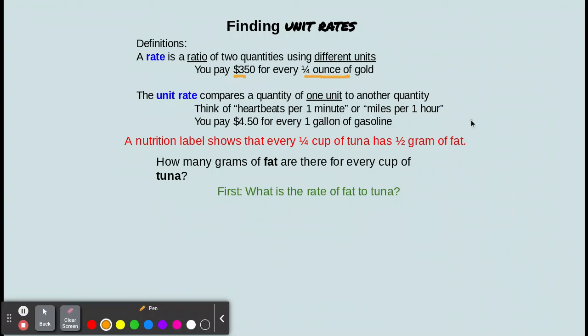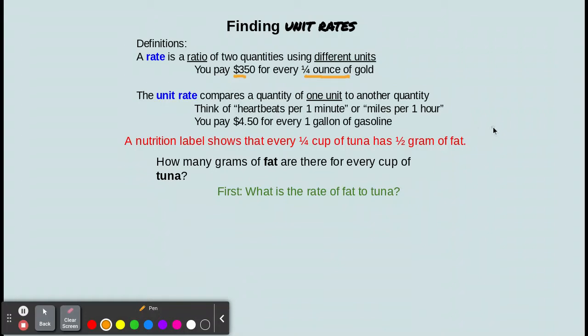Or if you are driving, sometimes you want to know how many miles per 1 hour you are traveling. Or if you need to buy gas for your car, you would say you pay $4.50 for every gallon of gas, right? $4.50 for every 1 gallon of gas.